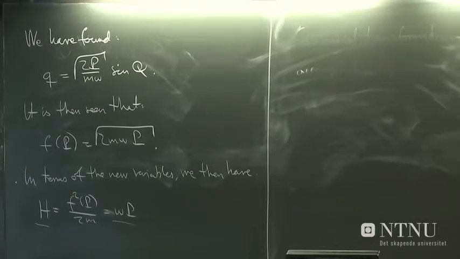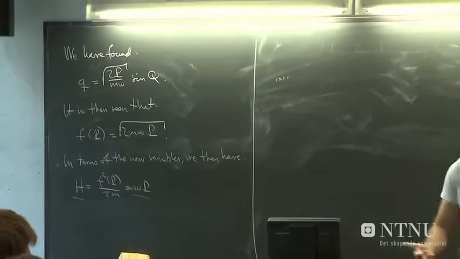Now, we do know that large Q is a cyclic coordinate, which means that due to the symmetry, we have a conserved quantity.